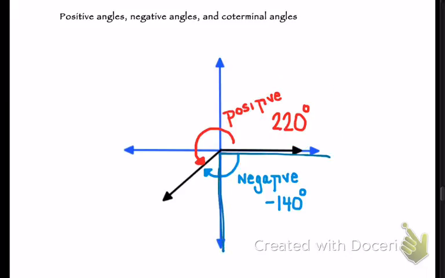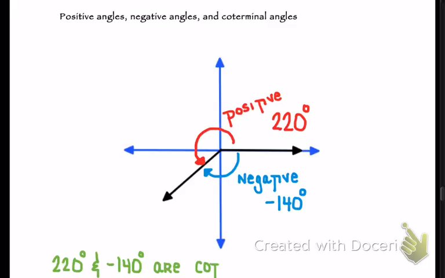If I asked you what this angle would be, notice that I would have to draw the arrows in the other direction. You would tell me that that would be negative 90 degrees. I guesstimated and told you that the positive angle was 220 degrees. That means the negative angle would be negative 140. These two angles are coterminal angles.